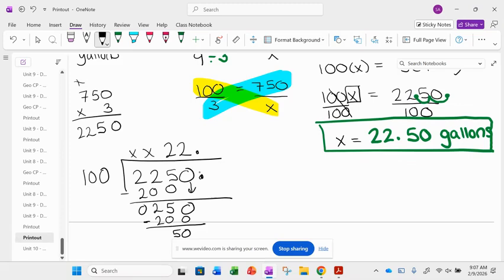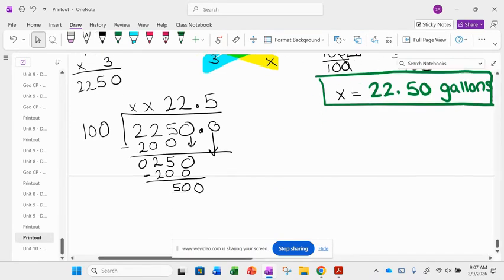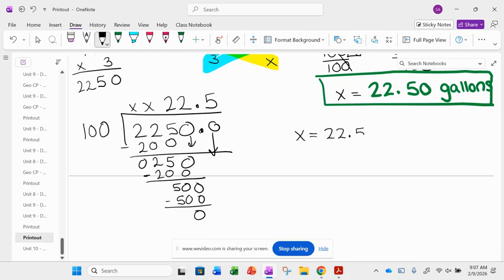So what you do is you add that decimal point in and put a 0 to bring it down. 100 goes into 500 5 times. 5 times 100 is 500. And then that's where we stop. So here, again, you'd get x is equal to 22.5 gallons. And isn't 22.5 the same as 22.50? They're the same.